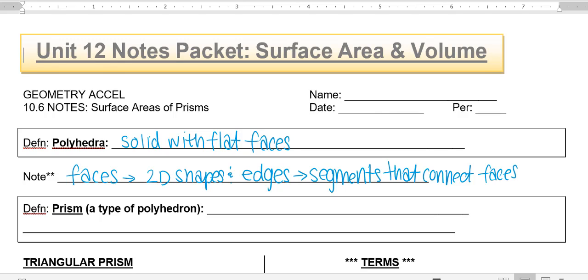A prism is a specific type of polyhedron, right? That solid with flat faces. We have two congruent and parallel bases, and those shapes will differ.